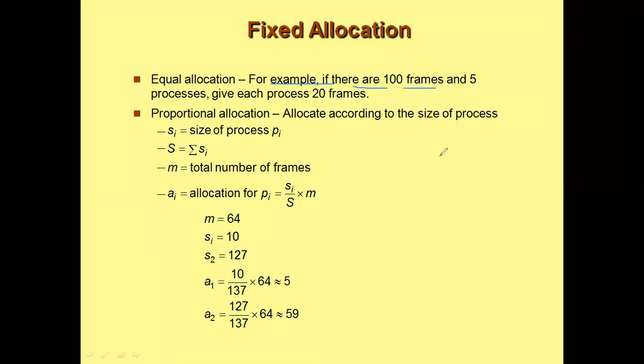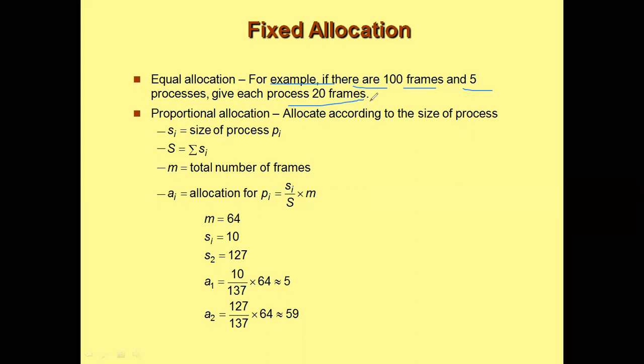If there are 100 frames in main memory and there are 5 processes, then 100 divided by 5 is 20. So each process will be given 20 frames, irrespective of their priority. Nothing will be considered. Each of the processes will be given an equal number of frames. So that is one kind of fixed allocation, that is equal allocation.